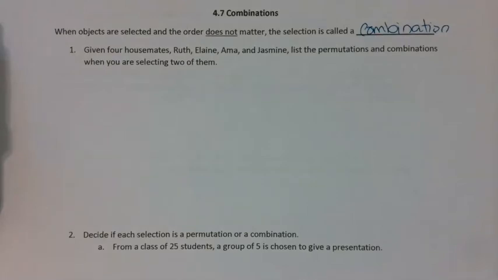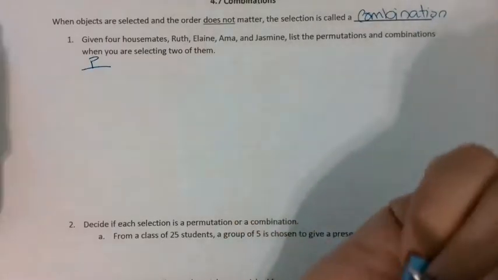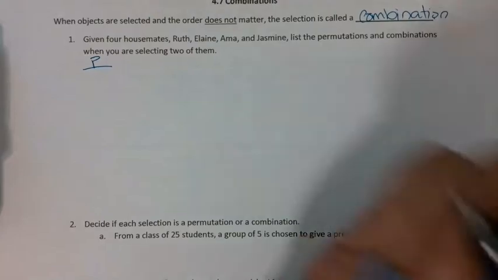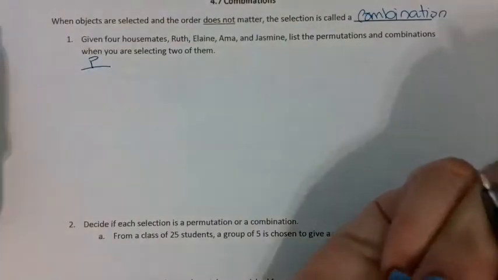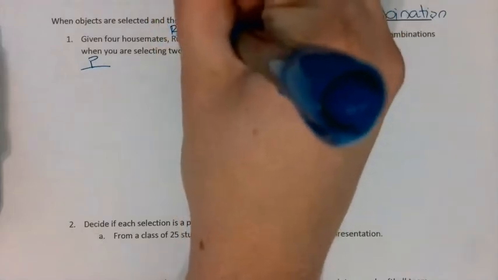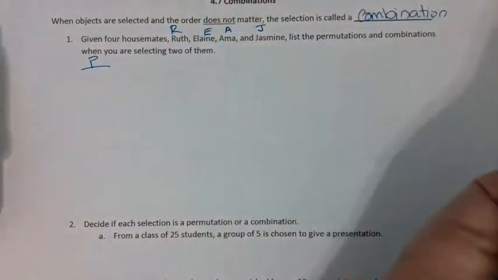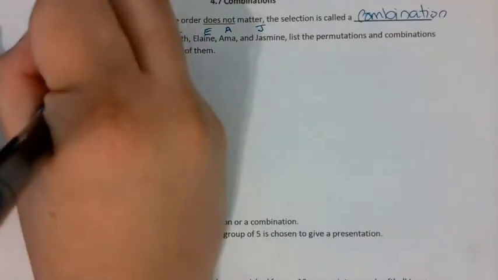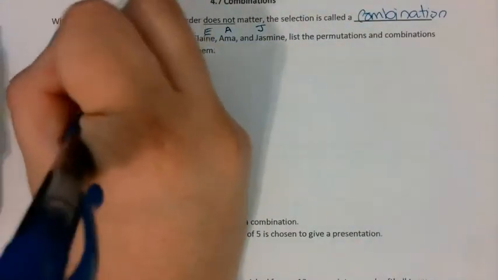Okay, so number 1 wants me to list all the permutations and all the combinations of the four people living in the house. So it wants you to just pick 2 of them. I can use letters: R for Ruth, E for Elaine, A for Amma, and J for Jasmine. I can have Ruth and Elaine, Ruth and Amma, Ruth and Jasmine.